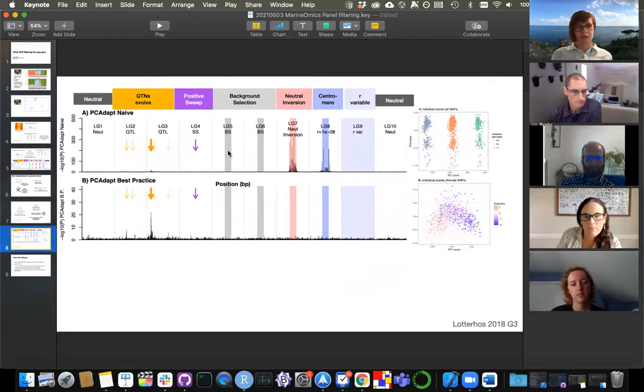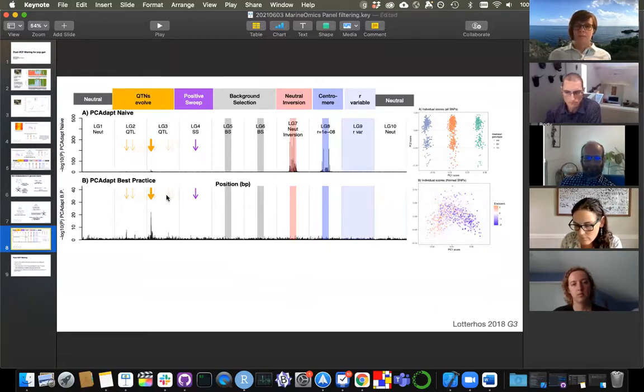I didn't say earlier, but because this method called PCAdapt works on principal components, if it thinks this is the structure, it was also saying the inversions and the centromere were the outliers, like the FST outliers. But with this best practice, where you filter for LD first, and then you estimate structure, and then you go back and do the genome scan, you get outliers in the locations where the markers that affect the phenotype under selection in the simulations are, which is where these orange arrows are.